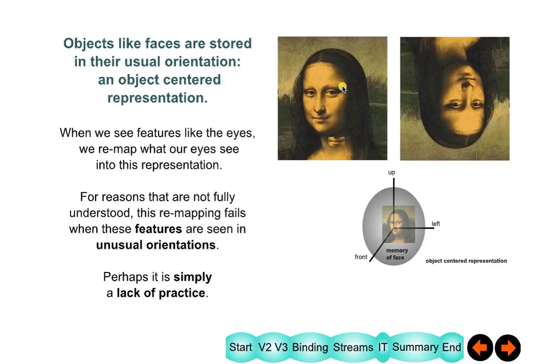So when you compare what you're seeing now to what you remember seeing, it's easy to compare the lips that you see now to the lips stored in your memory. But when you compare an upside down face, you have to rotate those features to compare them to what you saw before, and that's difficult. And it's difficult because probably we haven't practiced that rotation.